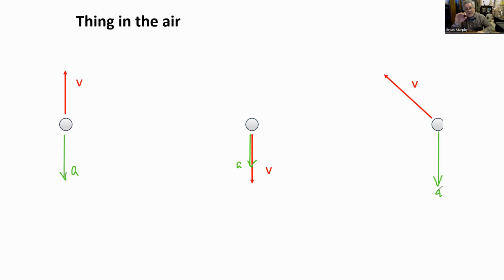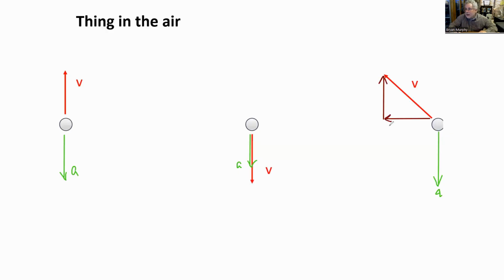I cannot add them because you can't add a velocity to an acceleration. It's meaningless. But what it does mean is, if I draw this triangle like this, my velocity is going to change.